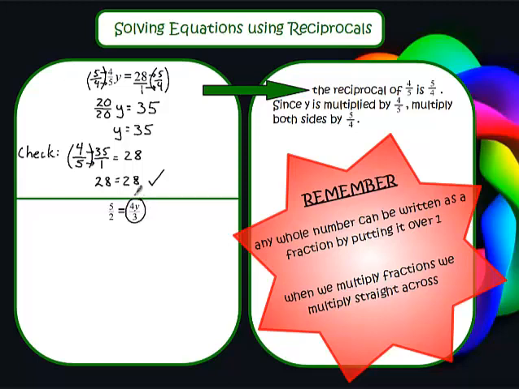The problem is the way this one's written, the y is in the top of my fraction. Well, remember what I just said earlier about any whole number can be written over 1. So as a little side note here, 4y over 3 is the same thing as 4/3 times y over 1.